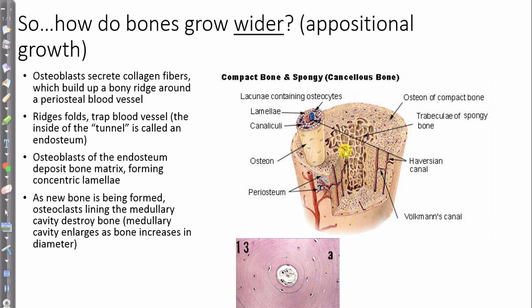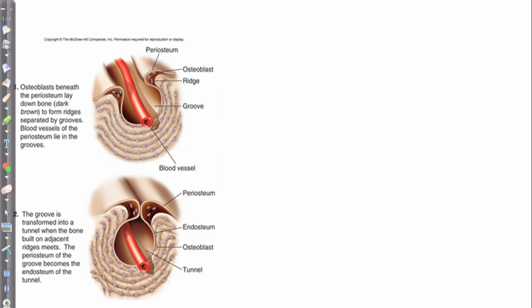We're going to have a process that we'll look at more in a second. We're going to take away bone here and add bone there. So bones can get thicker without getting a lot heavier. We take away bone tissue on the inside, here in the endosteum, and we're going to add it here, and that's how we're going to have bone getting wider without getting a lot heavier.